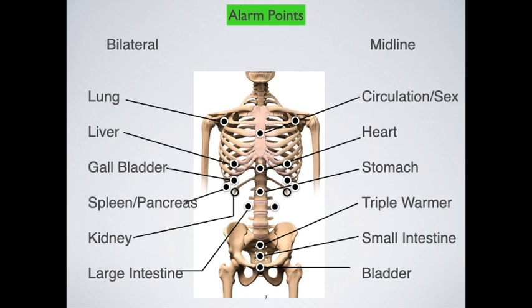For example, if we go through the pulse point test and get a weakening of a strong indicator muscle, we then go to a muscle related to that meridian and look for weakening, and then we will have the patient TL the alarm point, and if the muscle turns back on, then we know we have a deficiency at that meridian.